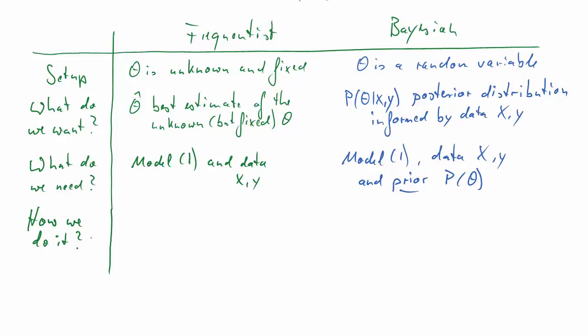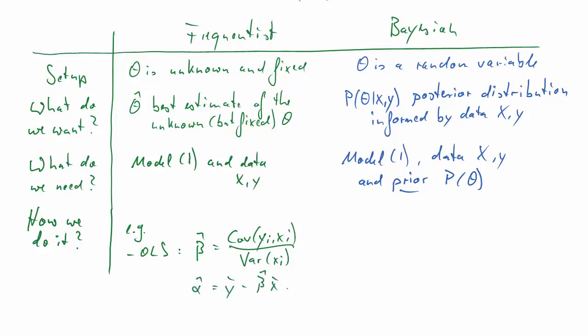So how do we get what we want? What would a frequentist do? That depends on what estimation method you use. If you do a course in econometrics, you would know some different ones. For instance, with OLS, you get beta hat by calculating the covariance between y and x and dividing by the variance, and the best value for alpha hat you get using this little formula.